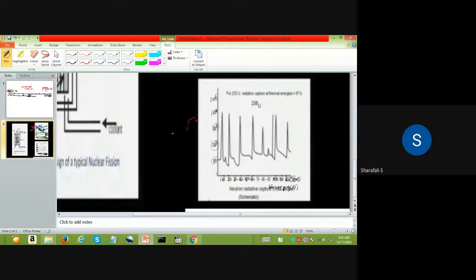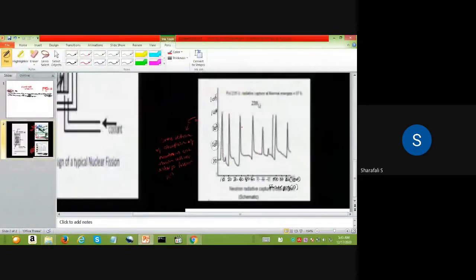This sigma is the cross section of absorption of neutrons, which will not undergo the fission reaction.